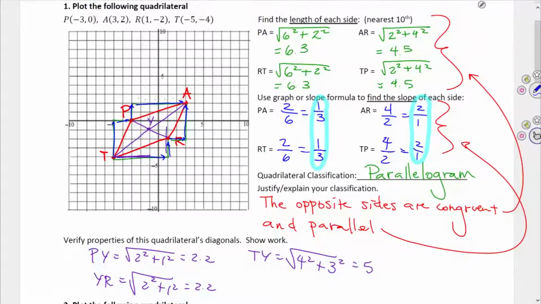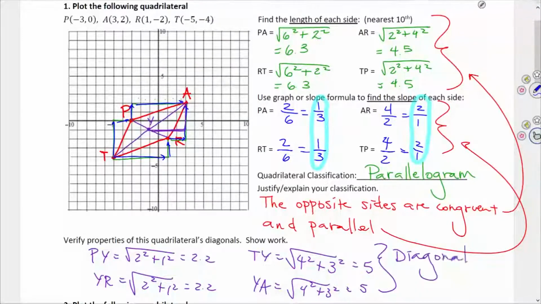Okay, and I can move this up here and this up here. And I have YA is also the square root of 4 squared plus 3 squared, which is 5. So I'm just noticing that the diagonals bisect each other, and we can see that from the same lengths.